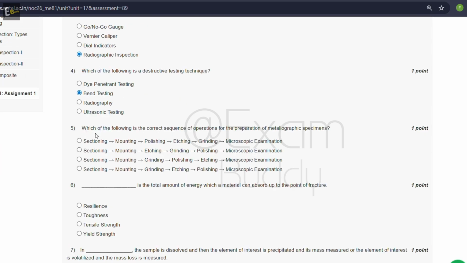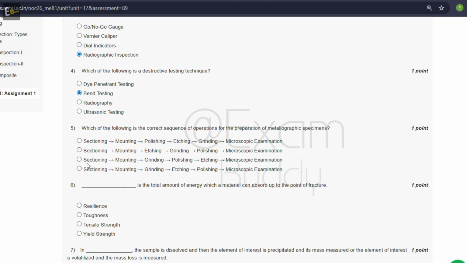Question number 5, which of the following is the correct sequence of operations for preparation of metallography specimens? Option A, selecting, mounting, polishing, etching, grinding, microscopic examination. Option B, selecting, mounting, etching, grinding, polishing, microscopic examination.